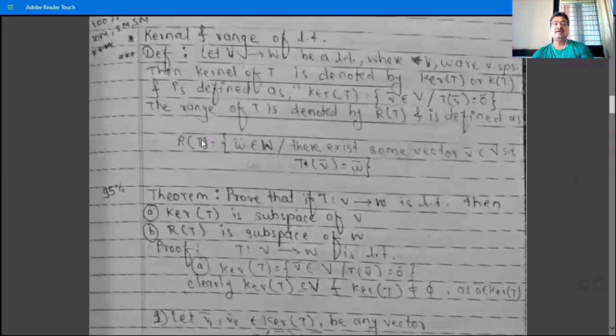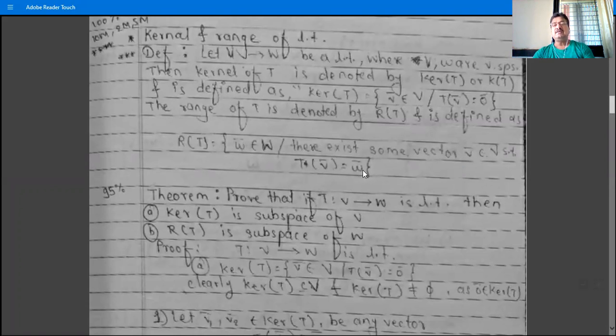The next definition is the range of T, denoted by R(T), and defined as R(T) equals the set of w bar belonging to W. That is, the elements in R(T) come from the codomain W, such that there exists some vector v bar in V, the domain, such that T(v bar) equals w bar.